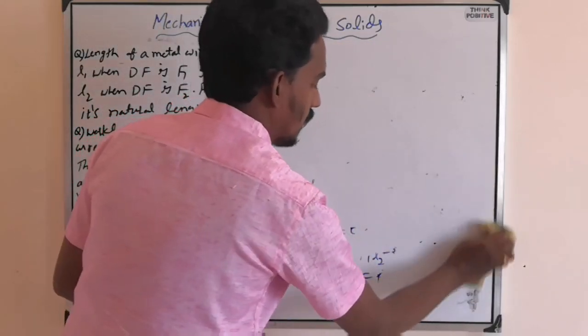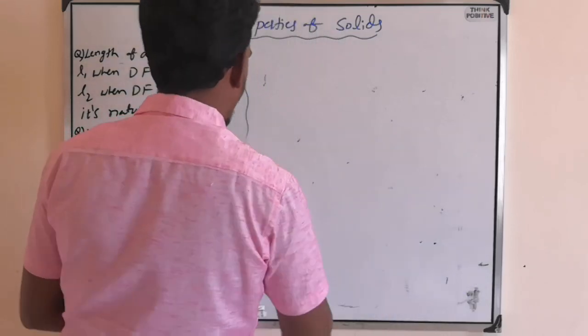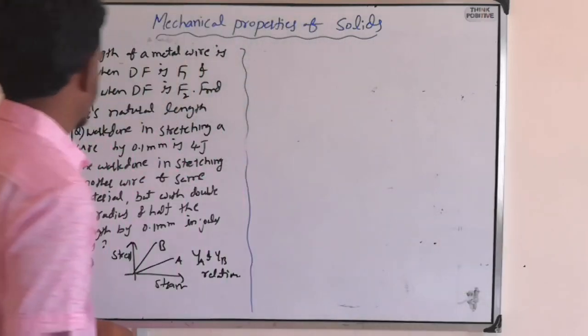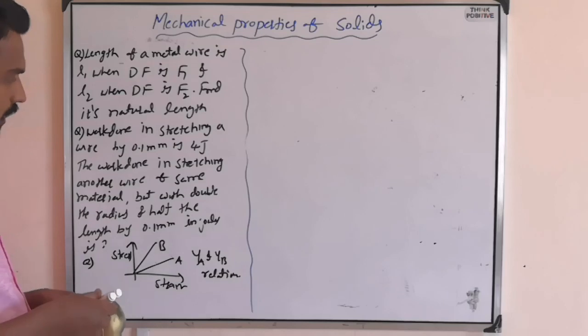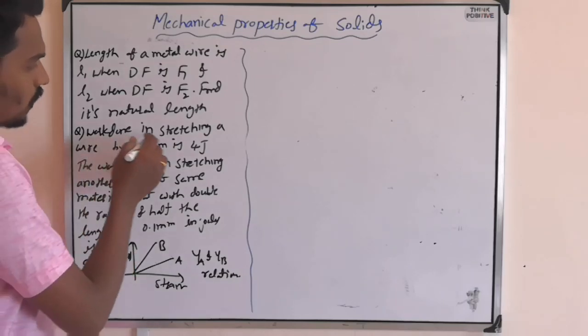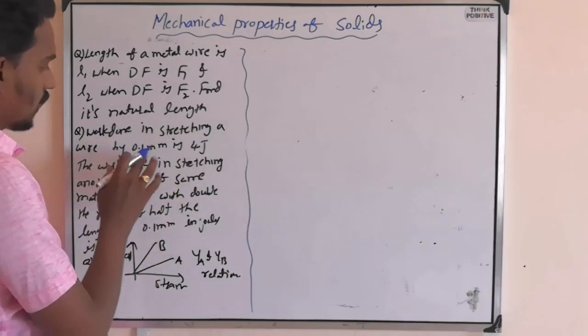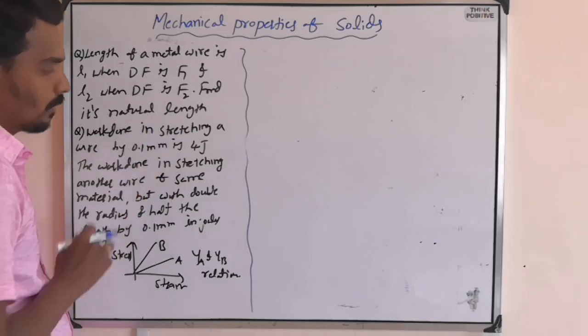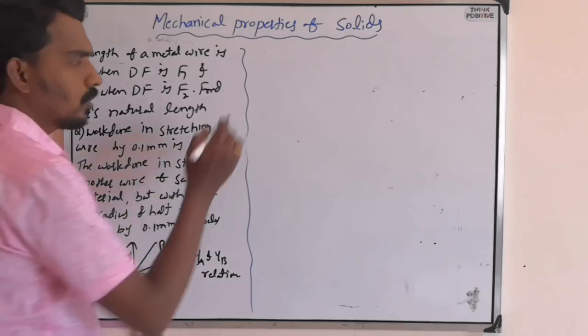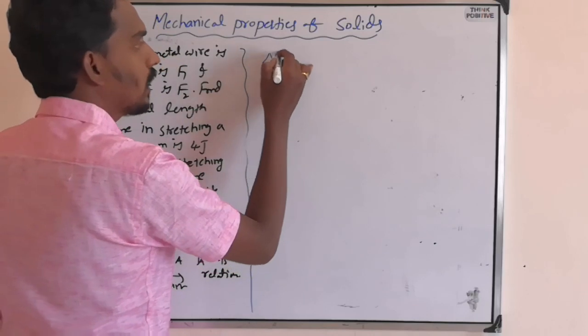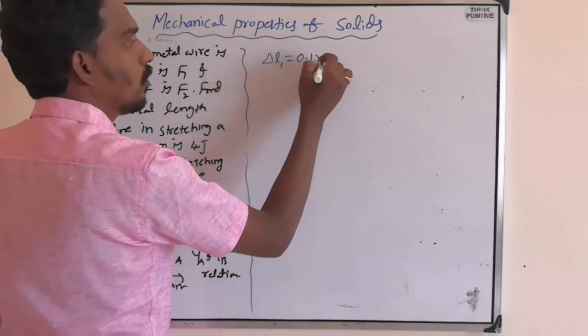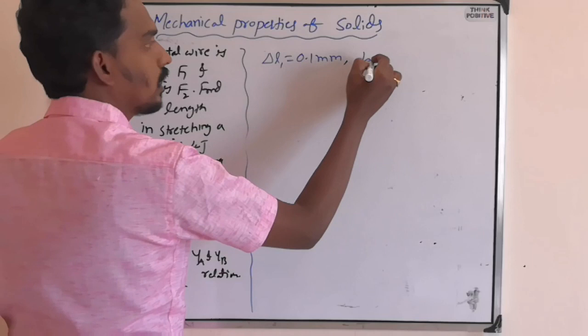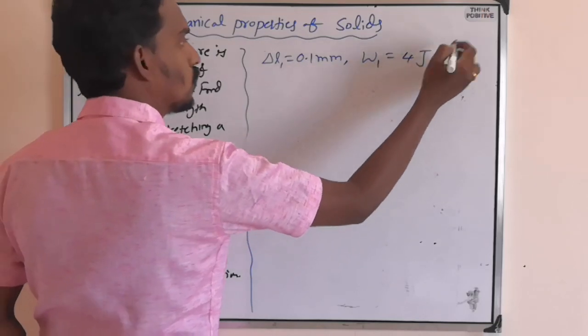Now, in a similar way, let us take one more question. The work done in stretching a wire by 0.1 millimeter is 4 joules. So there is a wire, and initially when you extend it by 0.1 millimeter, the work done is 4 joules.